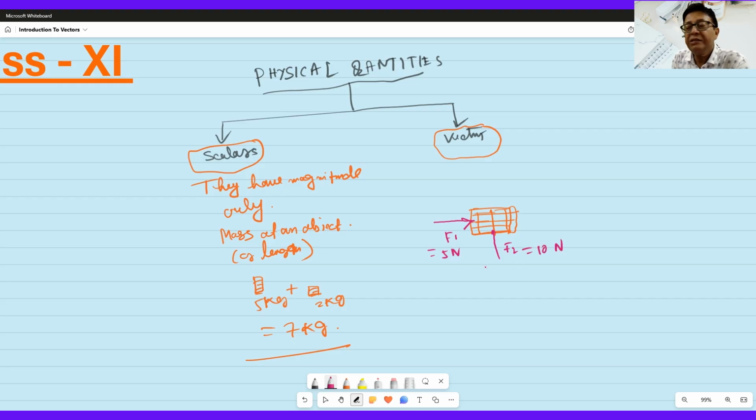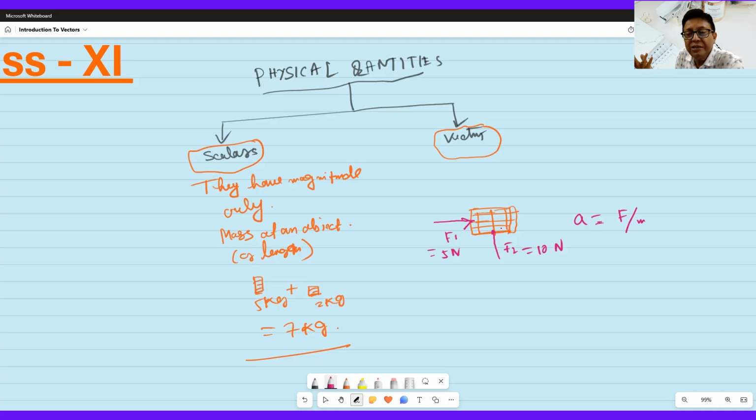The acceleration of the object is not dependent on only 5 Newton or on 10 Newton. Acceleration of the object equals force by mass. You will say acceleration towards right, acceleration upward. Not like that. The object will move in one direction only, neither along F1 nor along F2.